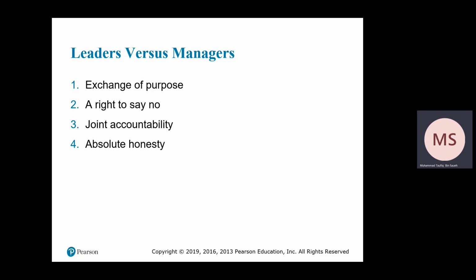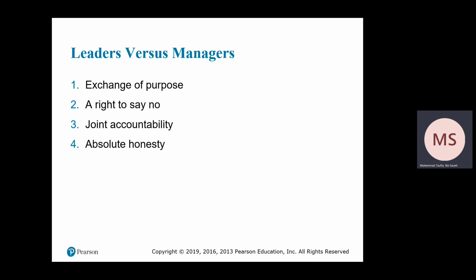Joint accountability means that if anything happens, the leader will also take the blame for the followers or the members. Different from managers, most of the time managers will blame others when they do something wrong. They do not put the blame on themselves.